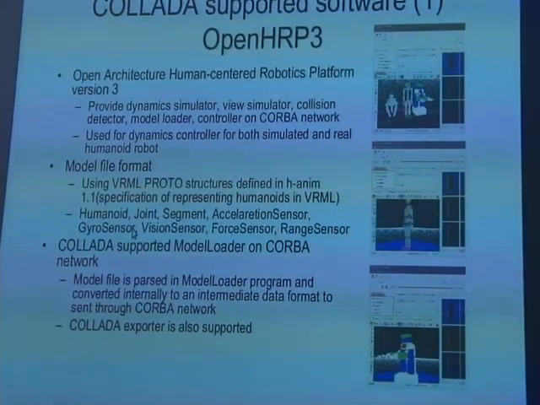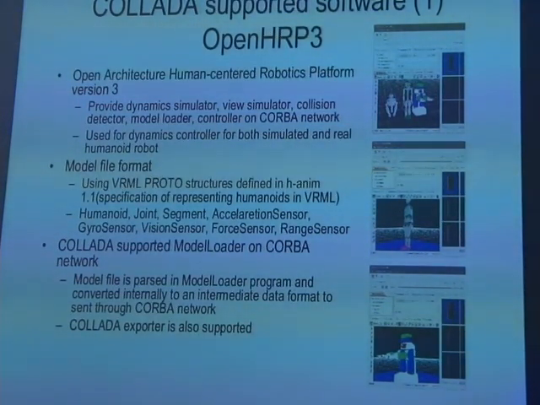From now we show the robot systems that currently support COLLADA. The first one is OpenHRP3. OpenHRP3 is used for controlling the robot. Most of the humanoid robots in our laboratory use OpenHRP3.